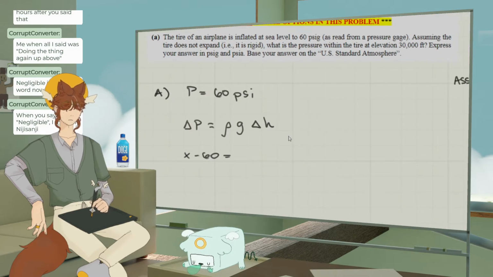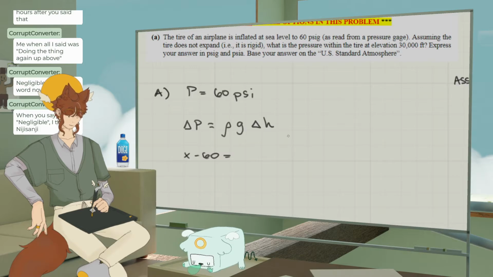Do I know about air? We have a general air. Air's density is gonna change by the temperature, to whatever you say, negligible. What do we think about air?